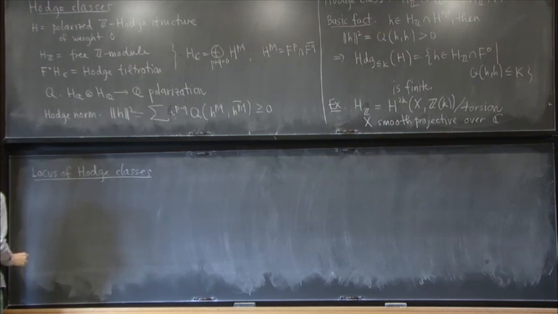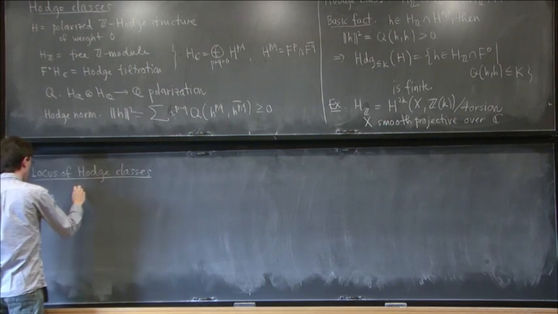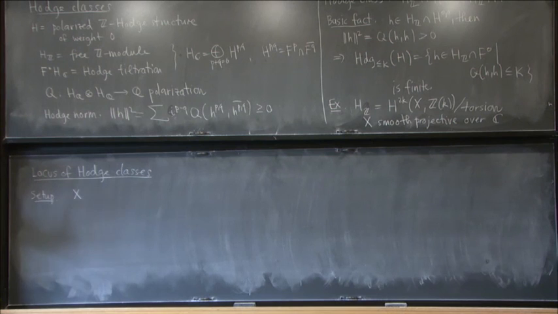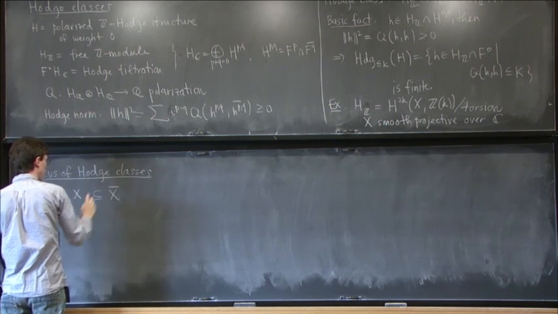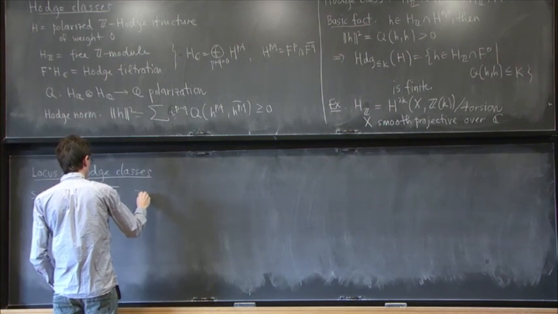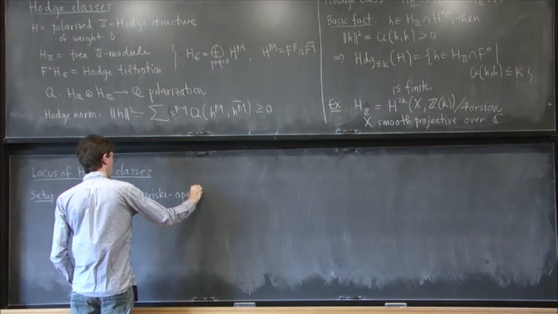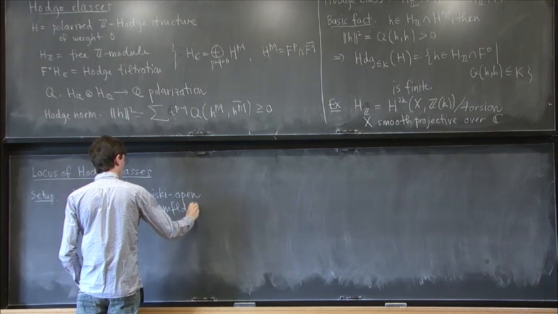So for the locus of Hodge classes, the setup is: I will have a complex manifold X. I will state it in complete generality. So I'll have a complex manifold X, which is a Zariski open subset in a complex manifold X bar.